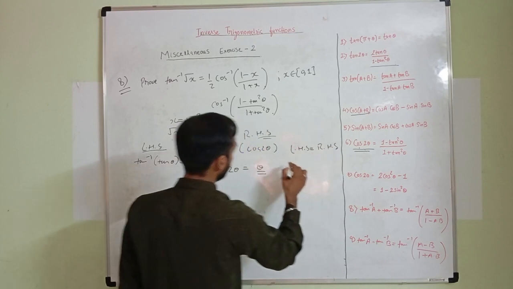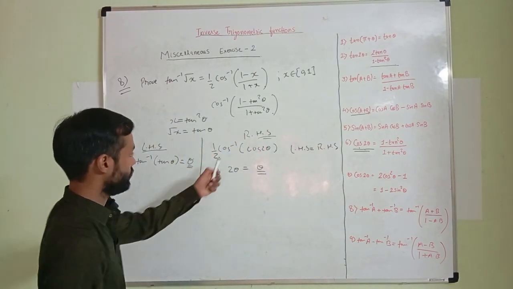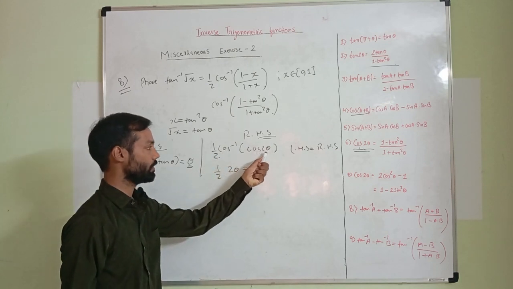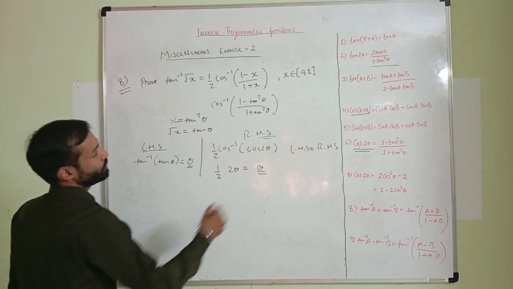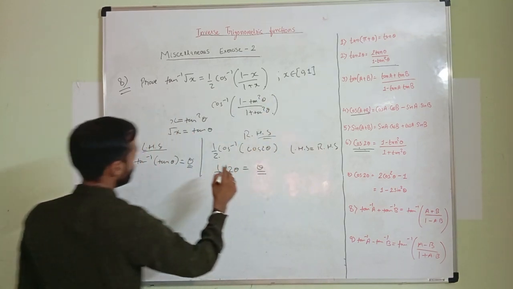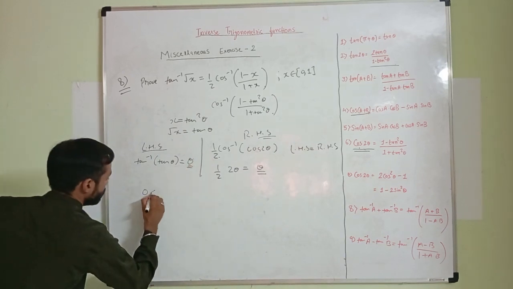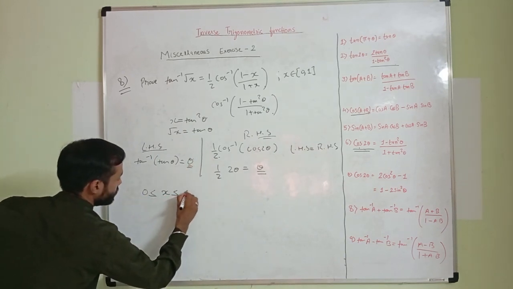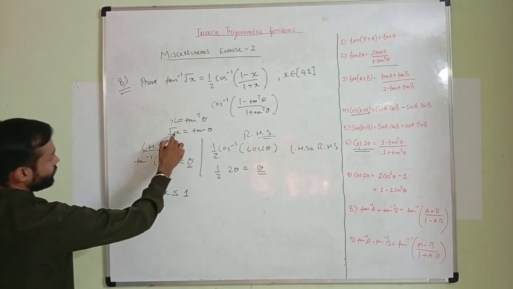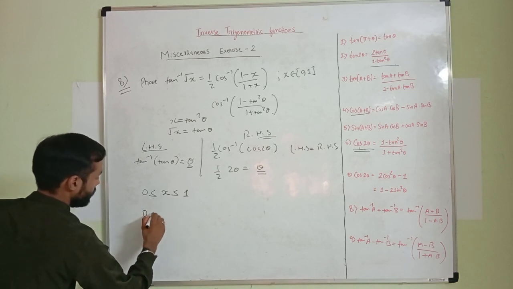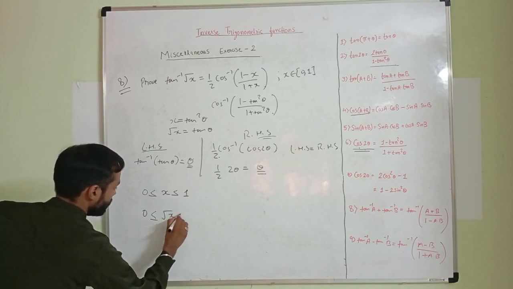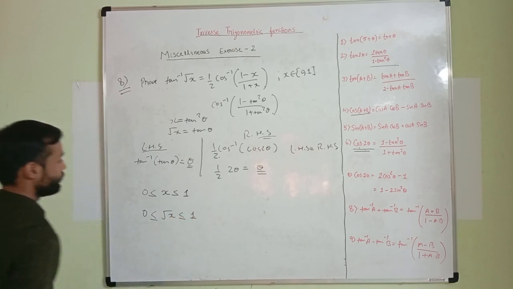But here we have to show why we are making cos inverse of cos 2 theta equal to 2 theta and tan inverse of tan theta equal to theta. So here x belongs to 0 to 1 is given. Now here we have assumed root x, so when we take the root, root x will be less than or equal to 1.